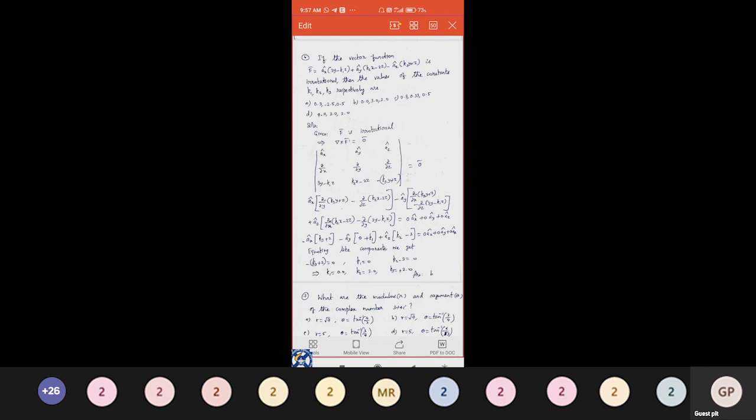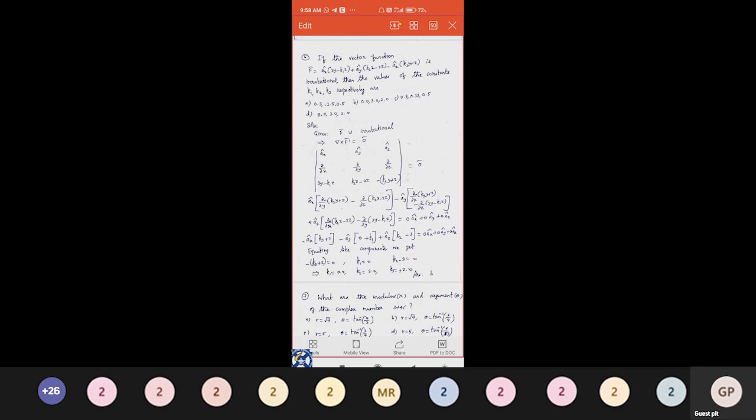So let us expand what is del cross F vector. Del cross F vector is a determinant. First row is going to be ax cap, ay cap, az cap, which are unit vectors. And second row is going to be components of del, dou by dou x, dou by dou y, dou by dou z. And third row is going to be components of the given F vector, which are 3y minus k1 z, k2 x minus 2z, minus k3 y plus z. Now let us expand the determinant in the usual way.